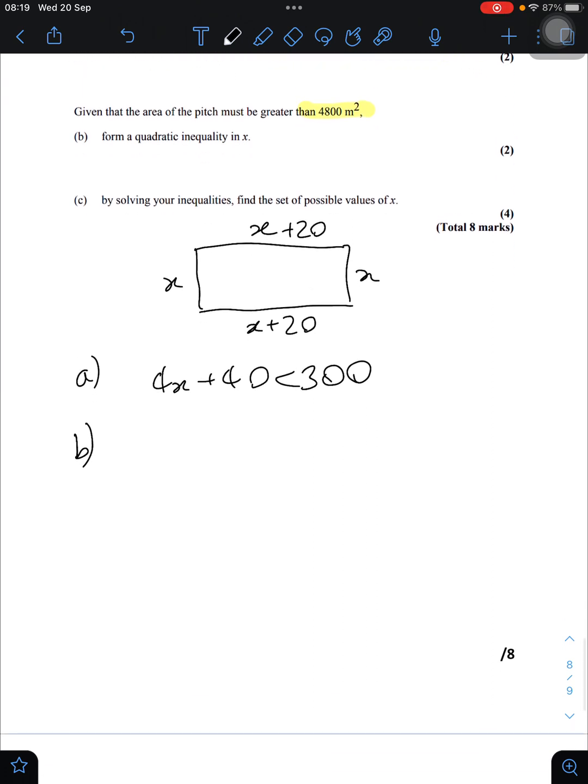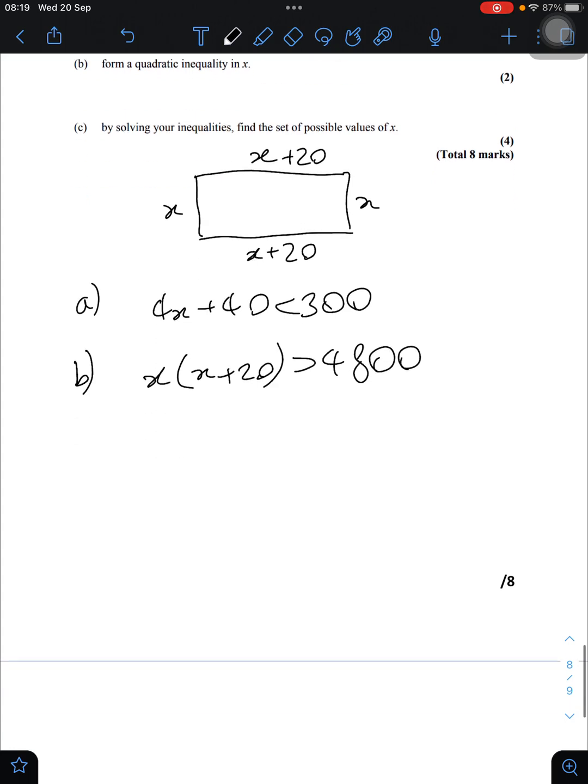B, given that the area is greater than 4,800, so x times x plus 20, base times height, is greater than 4,800. Write down a quadratic inequality. Well, x squared plus 20x is a quadratic because we have an x squared term.